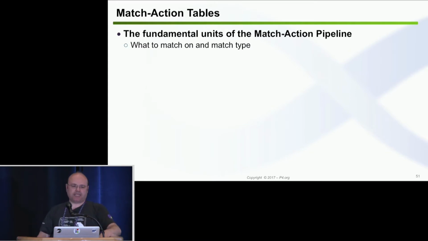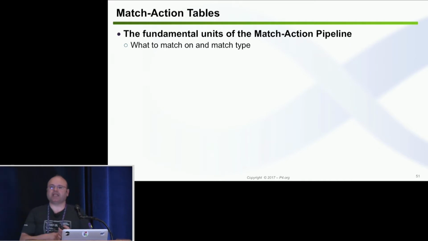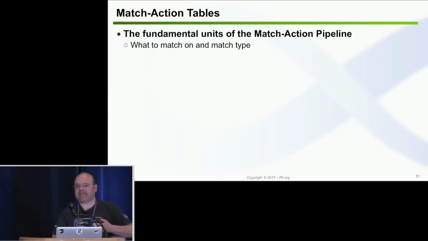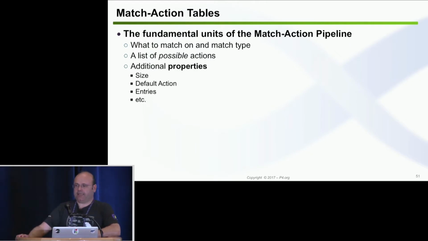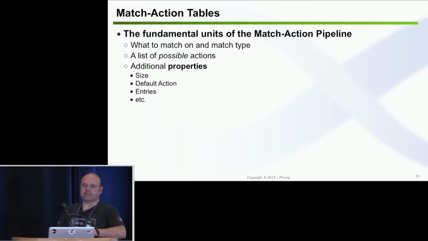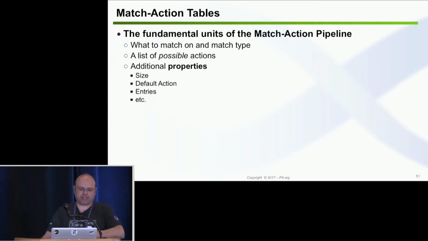What are match action tables? Basically, they consist of three main parts. First of all, you need to specify what you would like to match on and what the types of the matches are. Then there is a list of possible actions that can be executed if a match happens, or even if a miss happens. And then there could be additional properties that you can optionally specify, for example, the size of the table, or the default action that you want to take if there is no match.